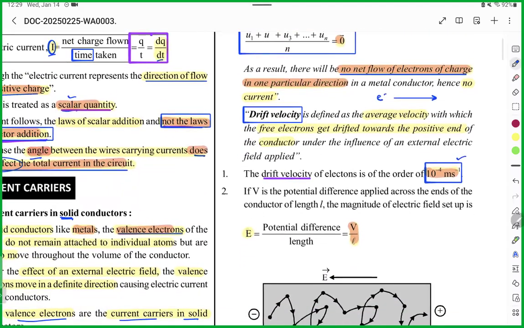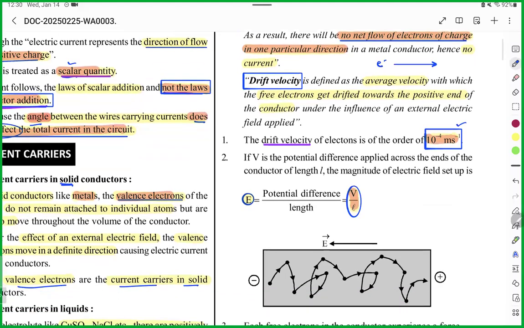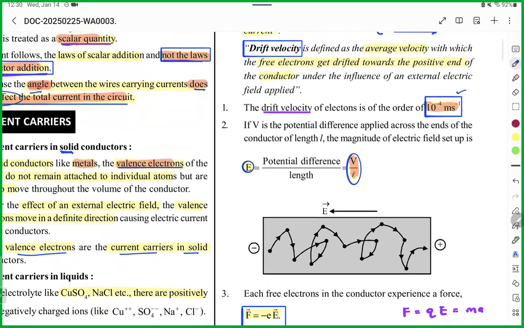We already did this in the last chapter. Electric field is potential and length. Anvita, is this the correct formula? E is equal to V by L. I'm not sure.